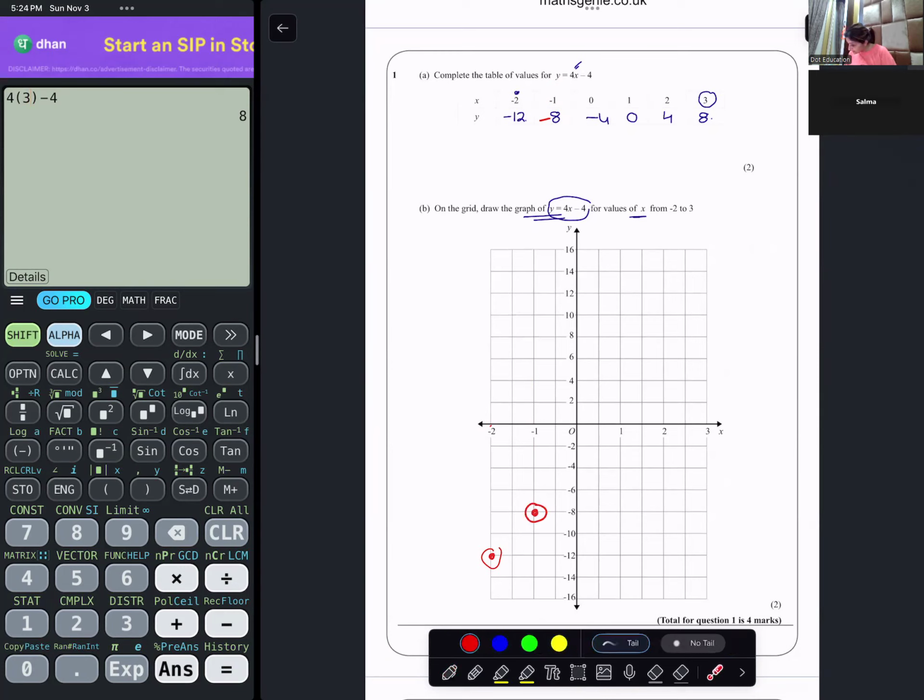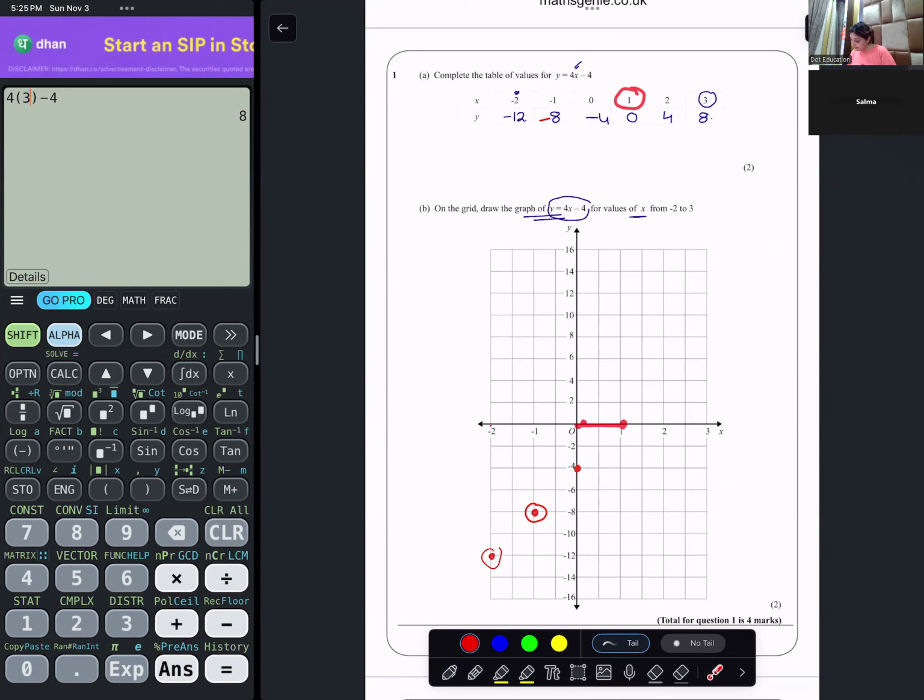Third, when x is 0, y is minus 4. Third point here. Fourth, when x is 1, y is 0.